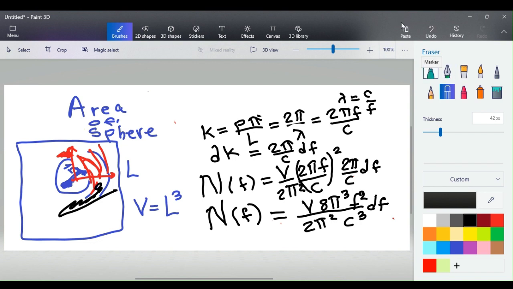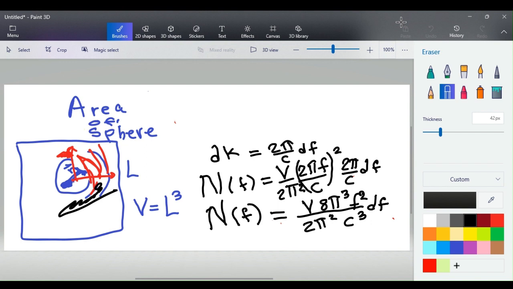Go back to the black, and I'm going to have to erase some more. Sorry, folks. You just have to back up the video to see some of those earlier steps. And of course, my witty commentary that comes along with it.